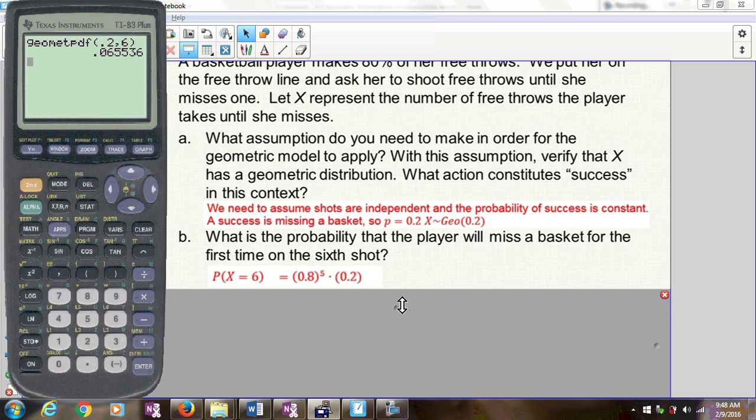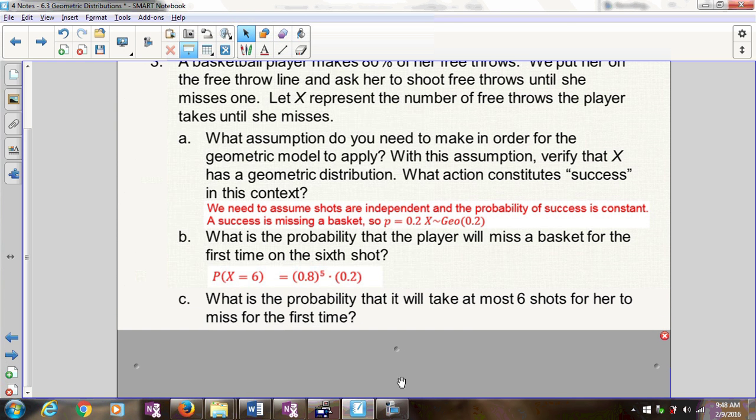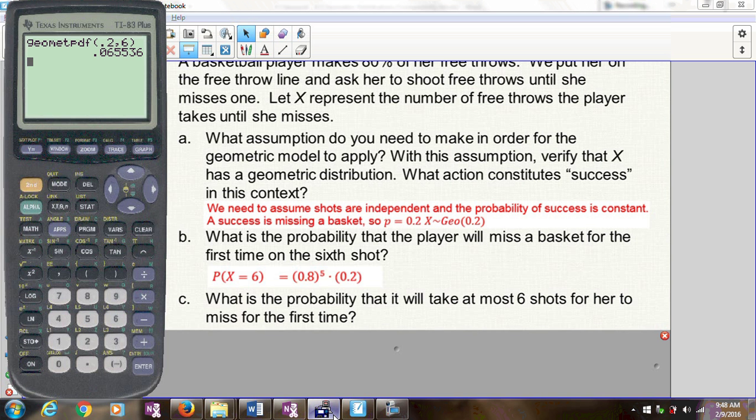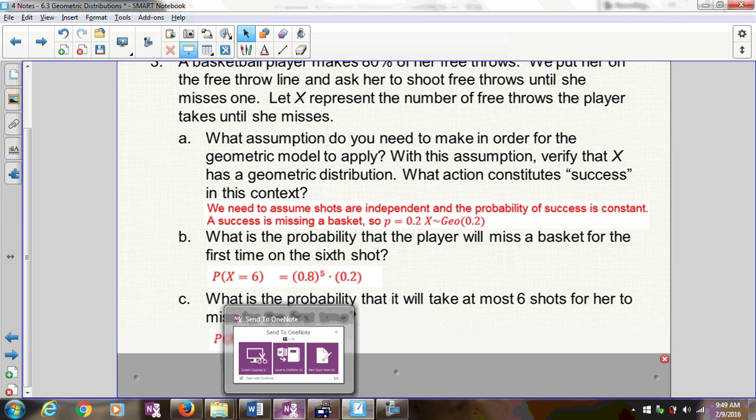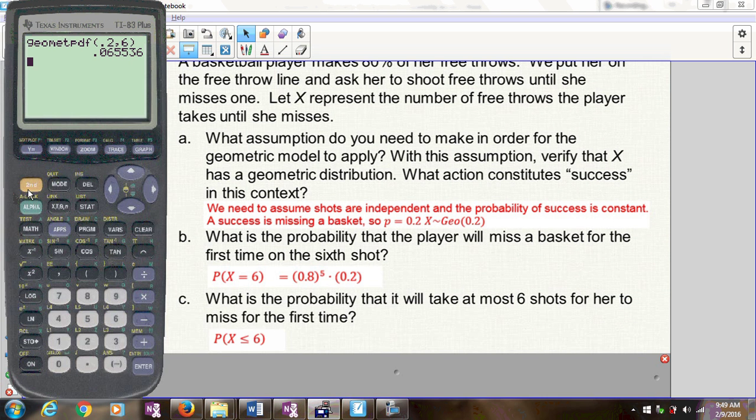The next question says, what is the probability that it will take at most 6 shots for her to miss for the first time? Well, at most 6 shots means that it was 6 or less. So if I go back to my calculator, this time I'm going to do a geometric CDF. If I do second distribution and go up, the very last option is geometric CDF.